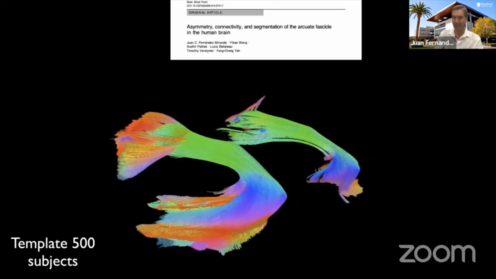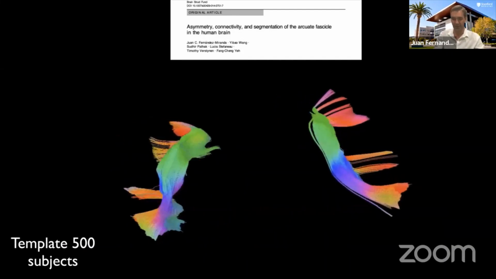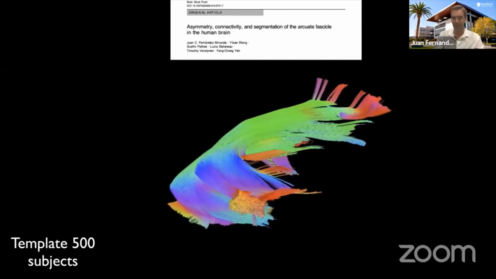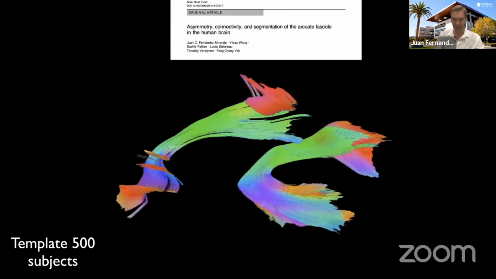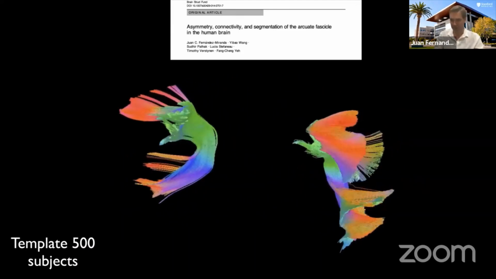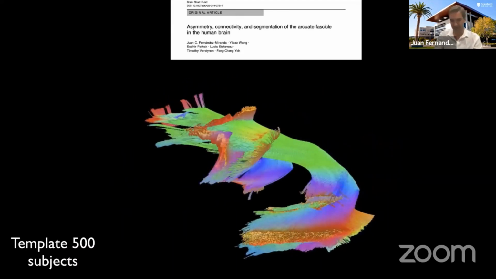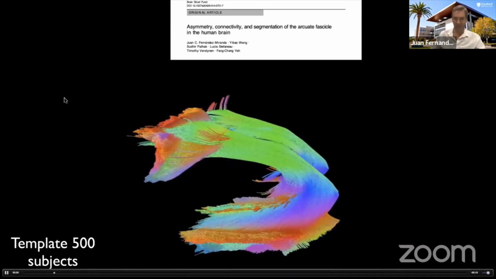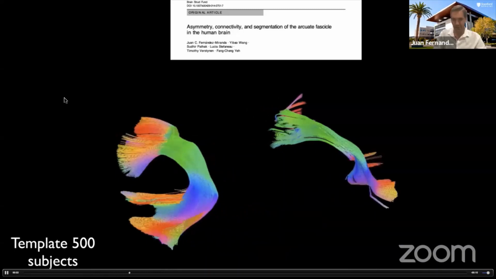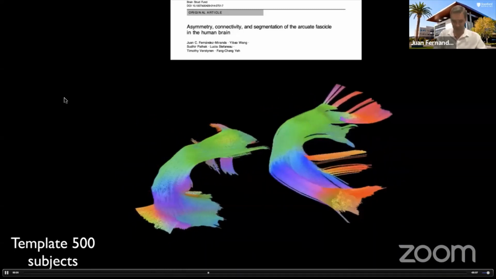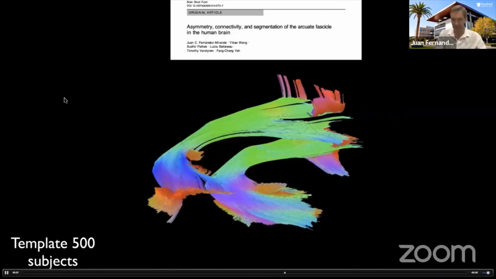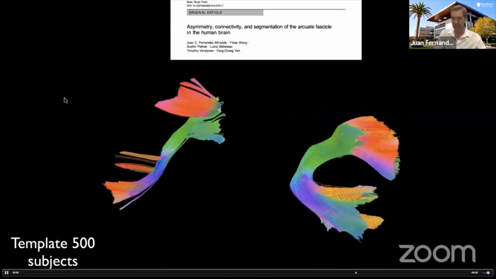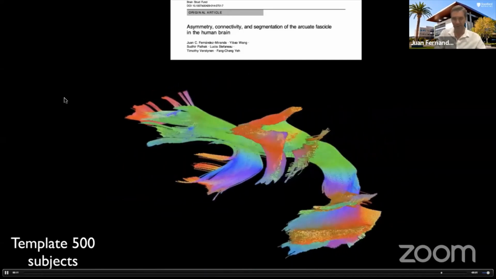This is a template of 500 subjects together, and you can see how they are clearly asymmetric. The thinner one is the right side, the thicker one is the left side. So there is asymmetry in the arcuate fasciculus, and that relates to the role of this tract in language function. Of course, it's not the only tract relevant for it, but it's a very important player in the language system.